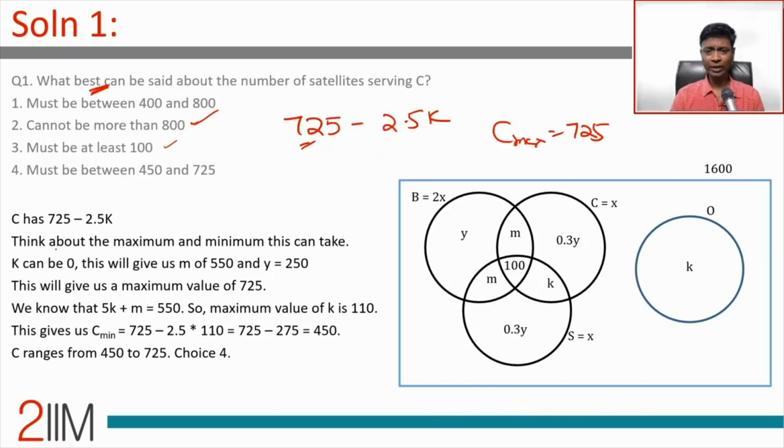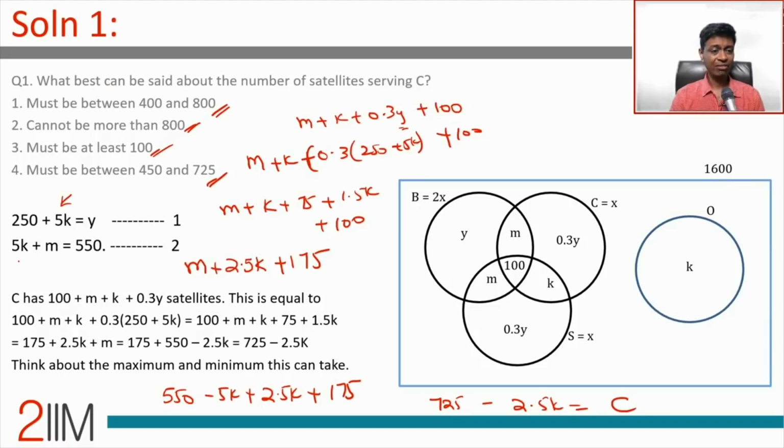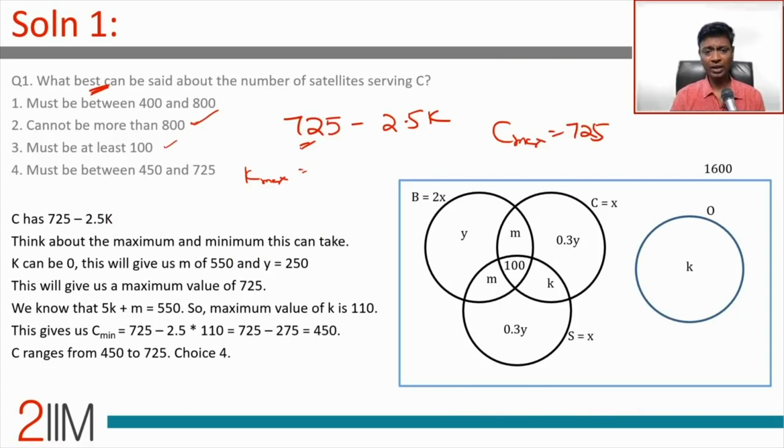Now, to find the minimum, then k should be maximum. Now think about this. 5k plus m is 550. If you put m as 0, k will be maximum. So k max is 110. So we could have 110 as k and y as 800. That is a possibility. So k max is 110. 2.5 into 110 is 275.